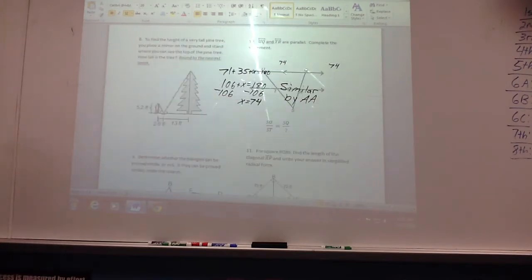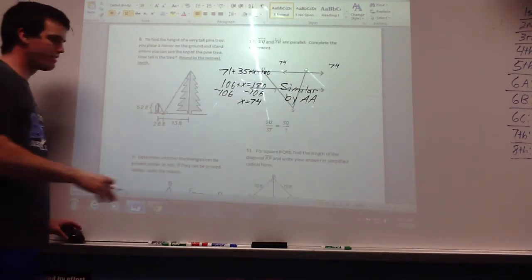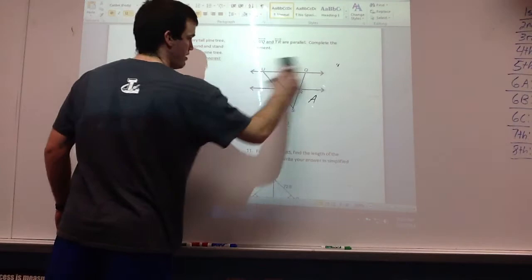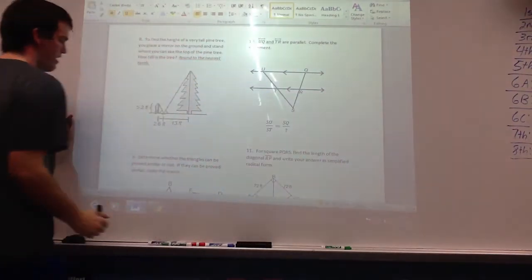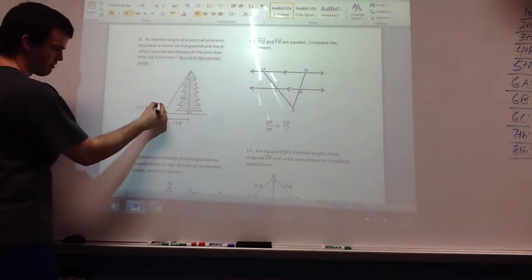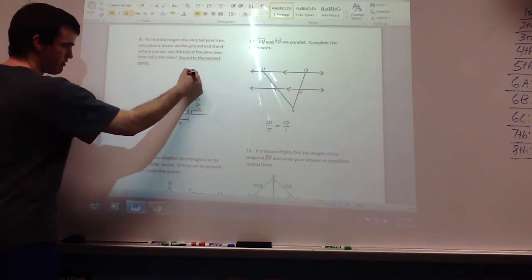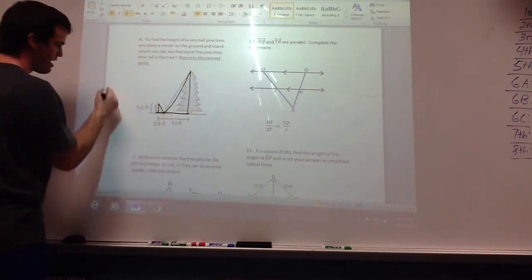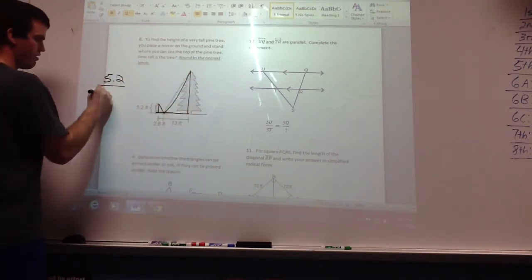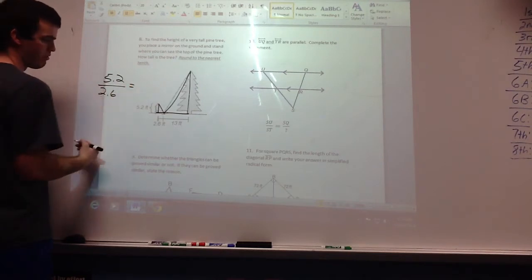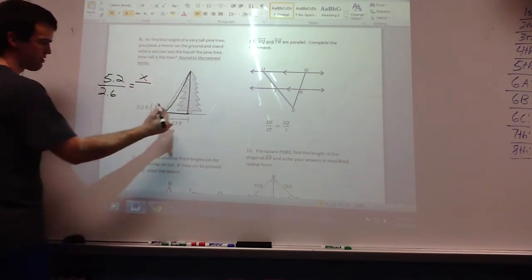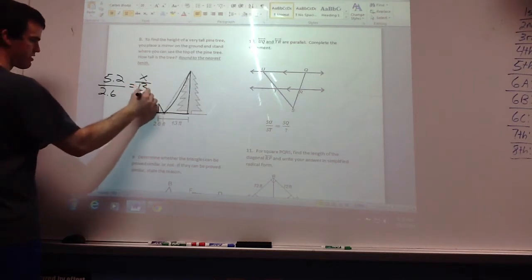On to the next page, we're looking at number 8. Number 8 should be very simple. It's a similar triangle. One of my triangles is here. The other triangle is the big triangle, finding out the pine tree height. So I have 5.2 over 2.6 equals, well, I don't know the height of the tree, that's x, over the length of the shadow of the tree is 13.